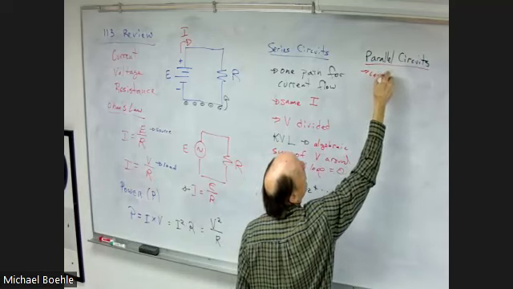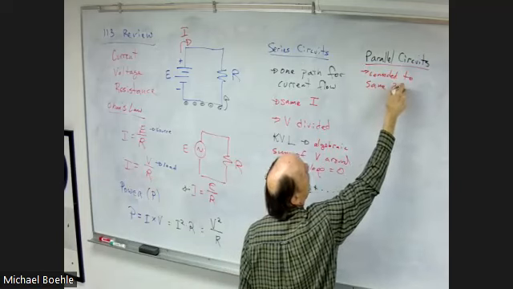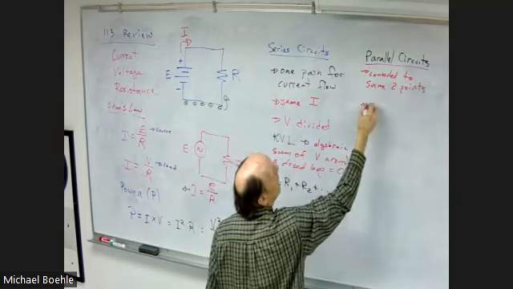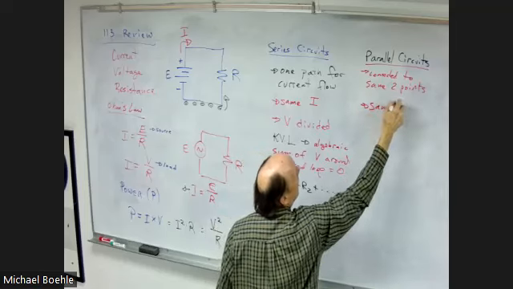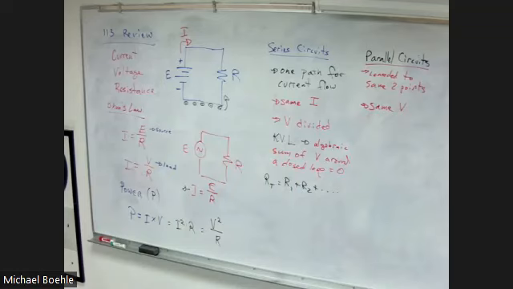Because of that, they do indeed have the same voltage, whether that voltage is DC or AC. It doesn't matter if it's a resistor, a capacitor, or an inductor, whatever they are.